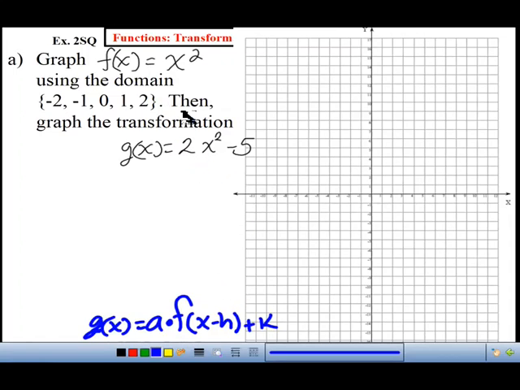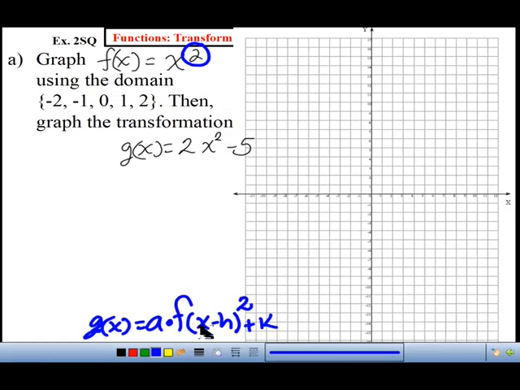Who notices now that we are dealing with an exponent of what? 2. So on my general rule, here's my x, here's my parentheses, and I'm going to place a 2 right there. Do the same, please. Everything else stays the same. The only thing that changes is the exponent. On the previous one, we didn't have an exponent because there was an invisible 1, because it was a linear function. This is a quadratic function. So now that we have it like that, that's going to help us guide ourselves as we look at the transformation once we get there.